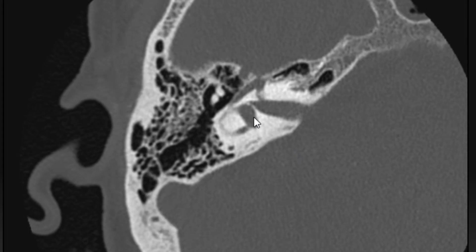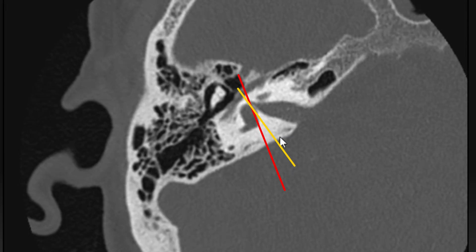We look at the back of the vestibule, and what we do is we draw a line. So we make a line that's parallel to the back of the vestibule, and we use the angle measurement function, and we just blindly say 14 degrees off of that. So we have a line going back parallel to the vestibule. We make a line 14 degrees counterclockwise from that, and now we set it on every image of the CT.